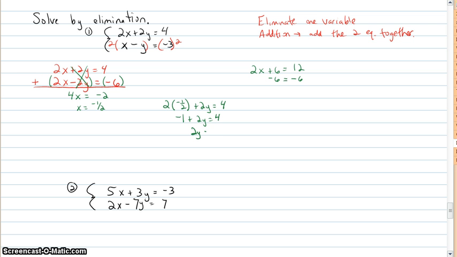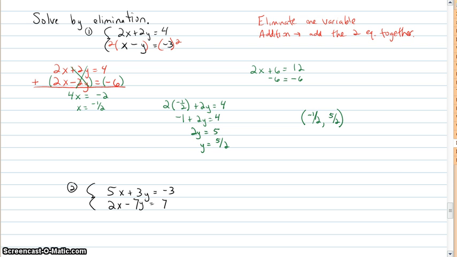Which means 2y equals 5, which means y is 5/2. My solution is negative 1/2 comma 5/2. That's the point where they would cross if I were to graph them.